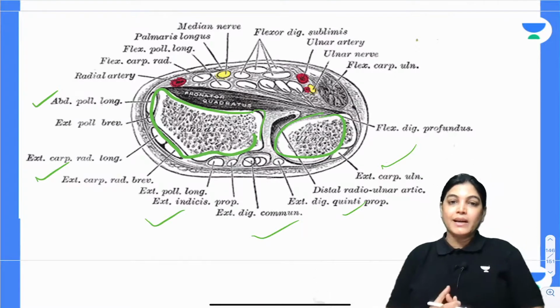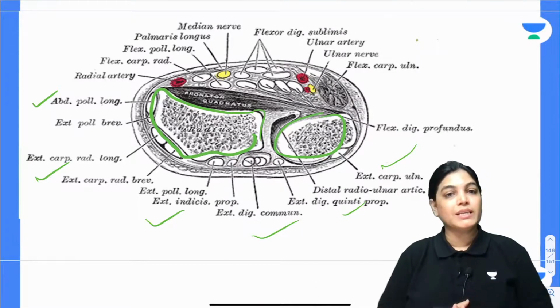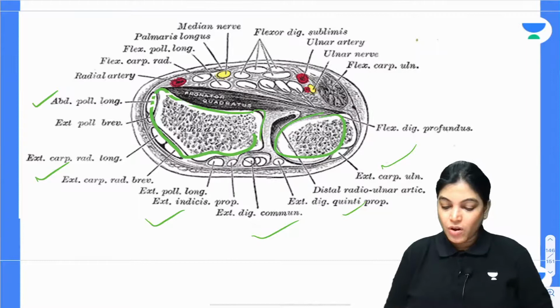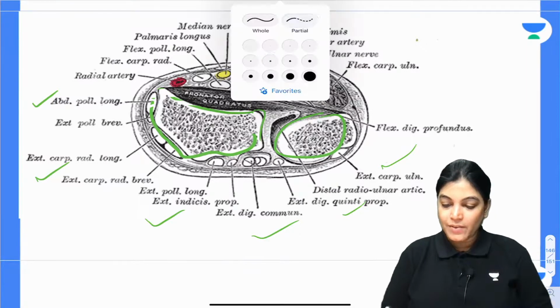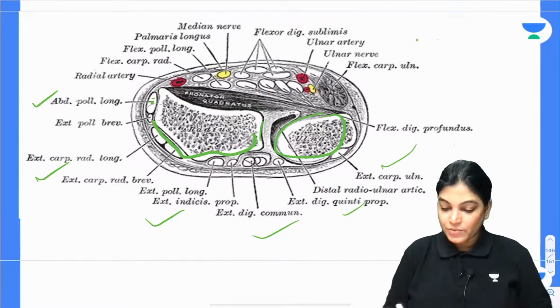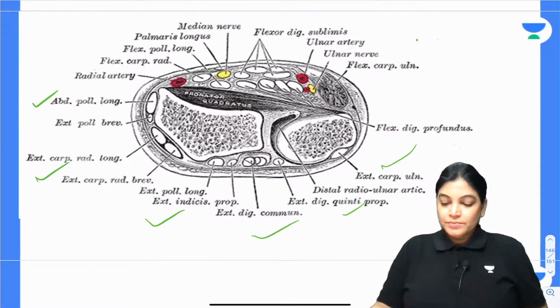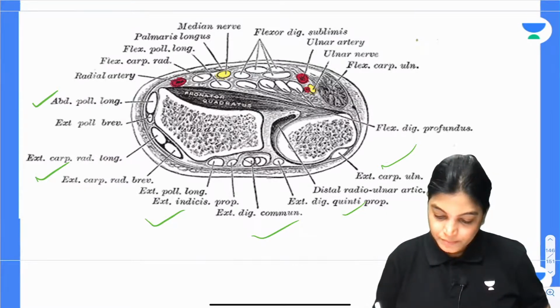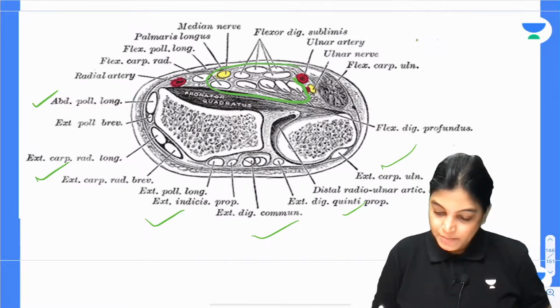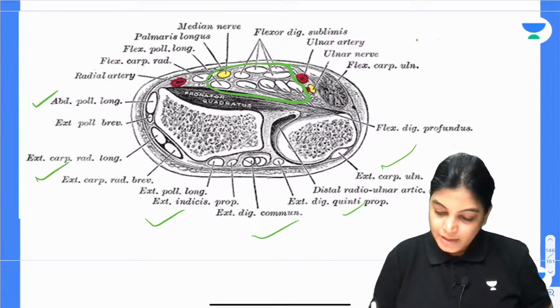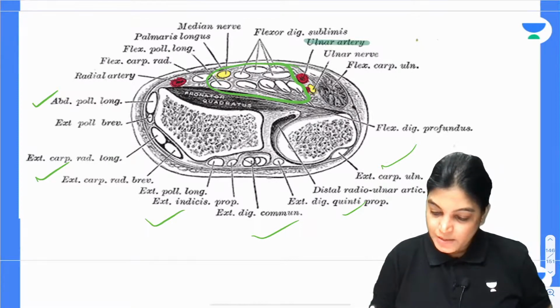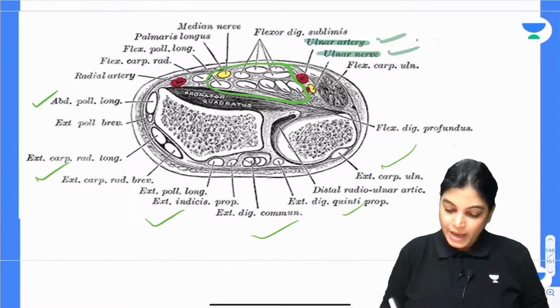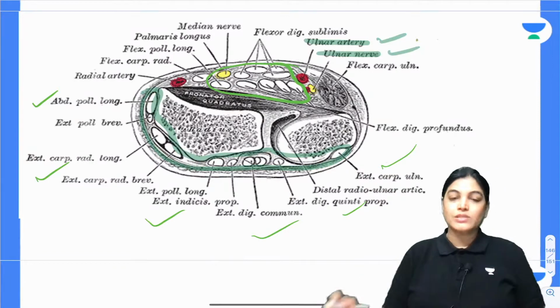In a single diagram you can have a look at all the extensor compartments and also the flexor structures traversing. Okay. So here this space will become the carpal tunnel. This is the carpal tunnel space. And these are the structures passing superficially: the ulnar nerve and ulnar artery, and this whole is the extensor compartment and the structures passing through it.